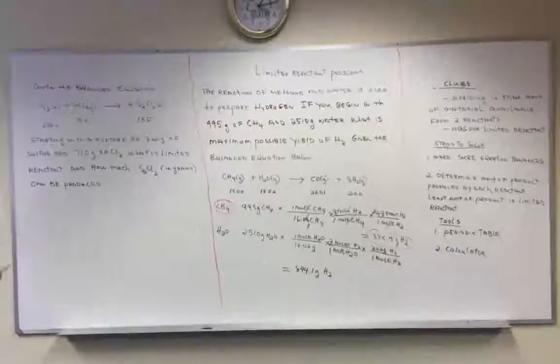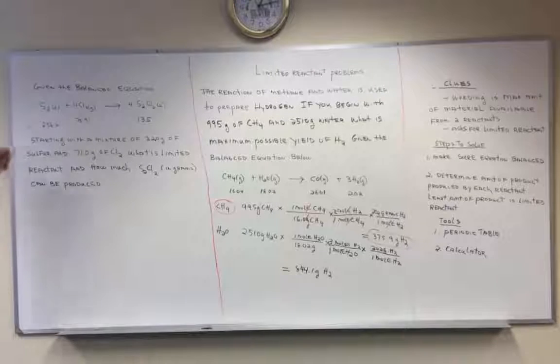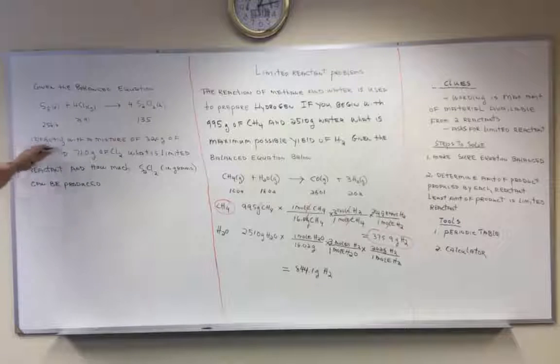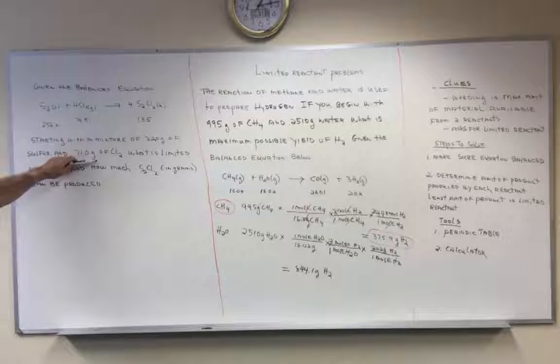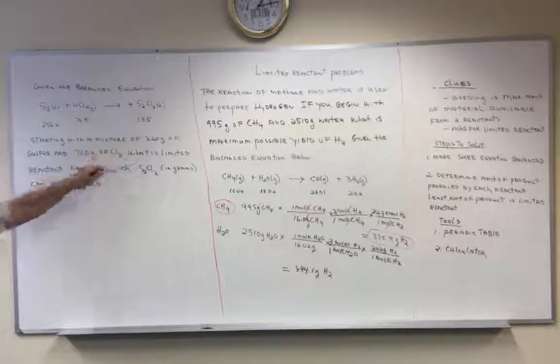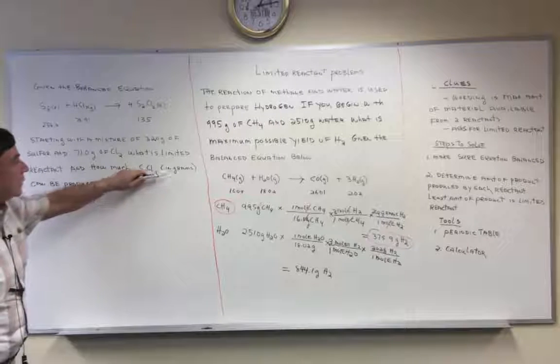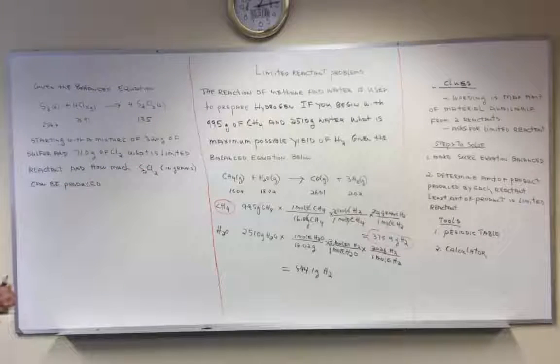Now on to problem 2. Given the balanced equation, which is this one right here, we also have the molar masses. Starting with a mixture of 32 grams of sulfur and 71 grams of chlorine, what is the limited reactant and how much S2Cl2 in grams can be produced? Again, the same approach.